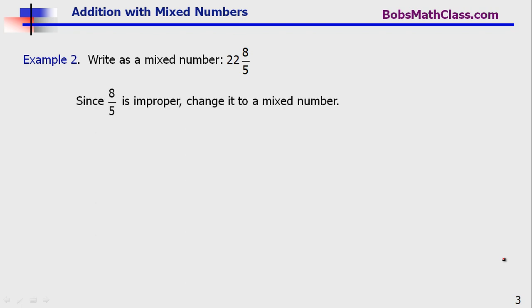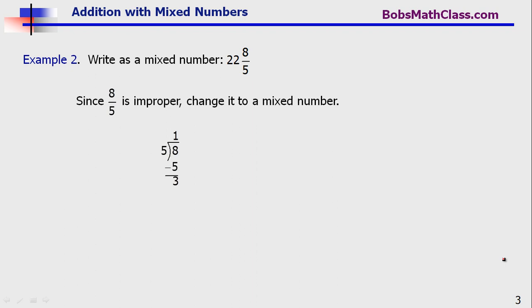Okay, so 8/5 is improper. We're going to change that to a mixed number. Divide 5 into 8. 5 goes into 8 once, and there's a remainder of 3.